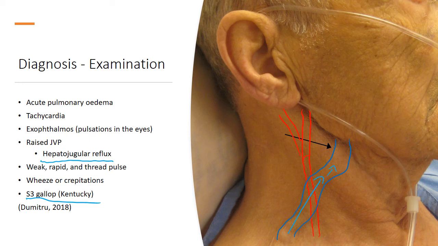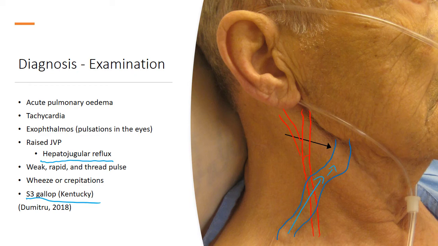Now our S3 gallop is in addition to our heart sounds 1 and 2, and it's said to sound with the same cadence as the word Kentucky. So we get this Kentucky, Kentucky, Kentucky sort of gallop type sound, which is thought to be caused by the oscillation of blood that remains in the left ventricle with heart failure.